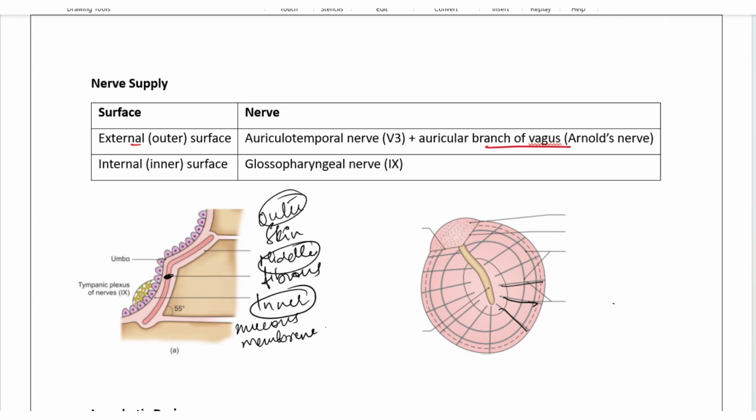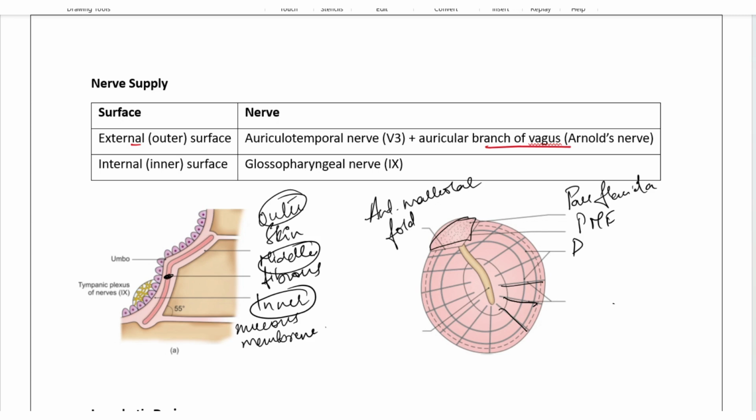One more diagram showing the fibers would be, this is the anterior malleolar fold. The small anterior triangle is the pars flaccida. This is the posterior malleolar fold.